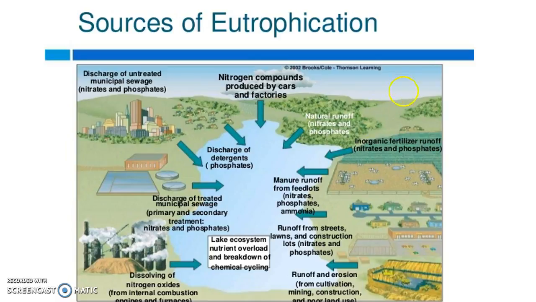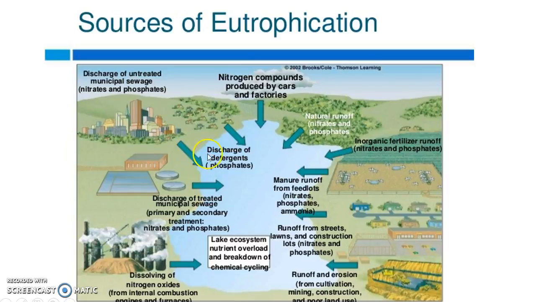But when you add inorganic fertilizers, manure runoff from feedlots, pollution runoff from streets and lawns, runoff and erosion from mining, internal combustion, you have the dissolving of nitrogen oxides. Remember, one of our major primary pollutants. You have the discharge of treated municipal sewage, and then the discharge of untreated sewage, right?